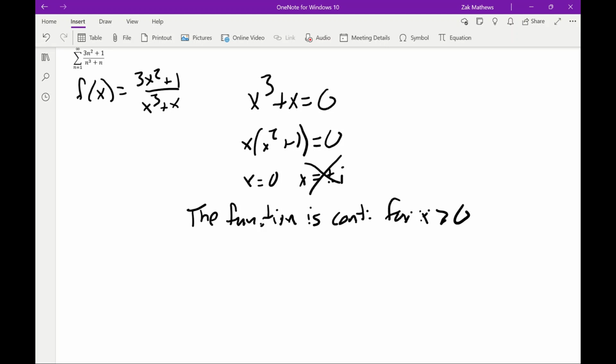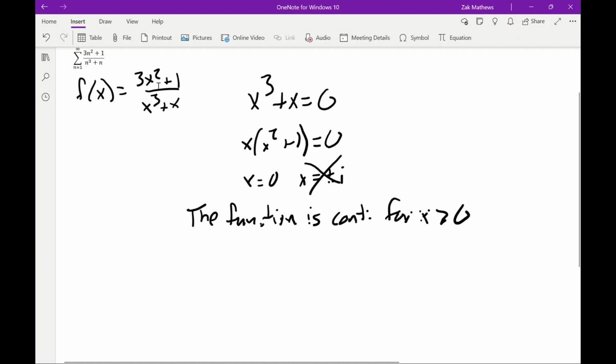Next thing we need to make sure is that the function is always positive, again, at least on our integral. Well, if we think about this, our n values, we're starting at 1. So when we take the integral, we're going to take the integral from 1 to infinity. We have x values that are positive. Obviously, this is all going to be positive.